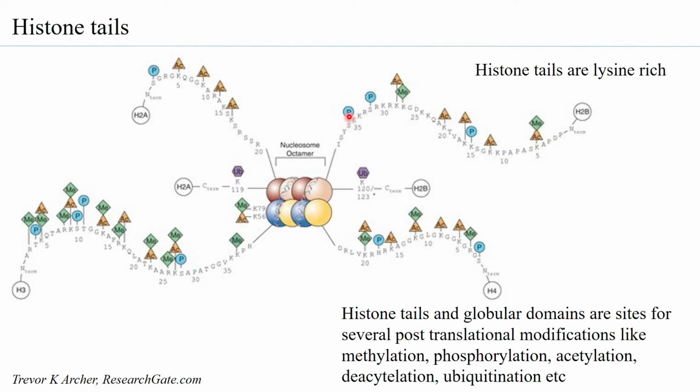Similarly, if you look at this, you have several regions where you have the K, and this lysine residue is a point where lots of modifications take place, methylation, acetylation, all of these take place at the lysine residues, other than of course serine, tyrosines and arginines.